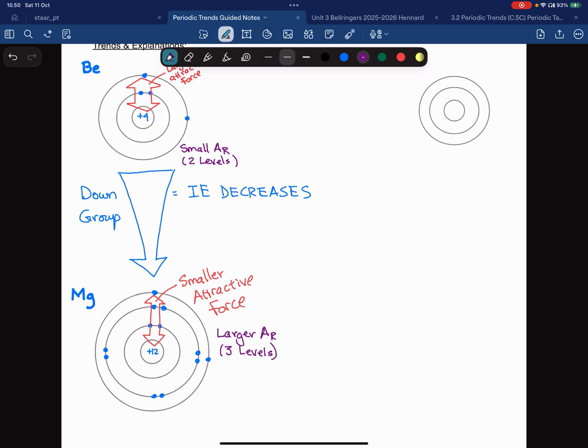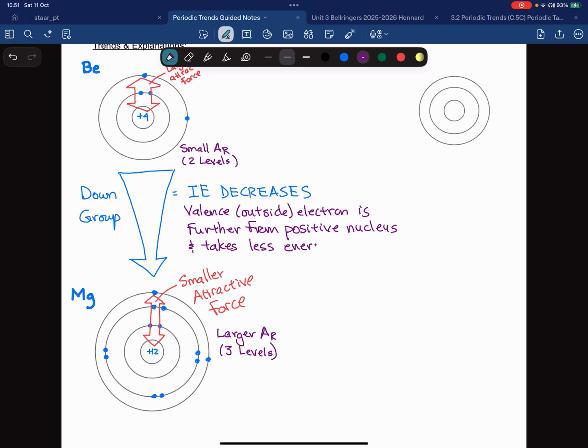And so the valence, or outside electron, is further from the positive nucleus and takes less energy to remove.